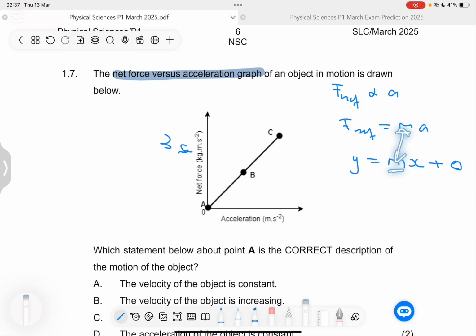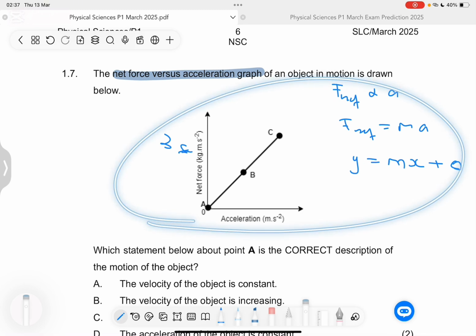The gradient is the mass, meaning the gradient of this straight line will give us the mass. If I take the gradient of this straight line, we'll get the mass of the object. And our x here is the a and the y is the net force. I think this is just how you'll interpret the graph before you can even attempt answering the question, because your answer would come from this interpretation really.